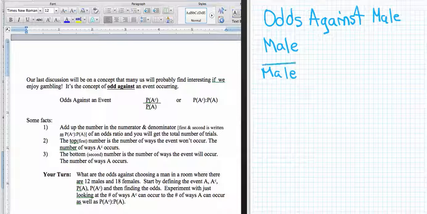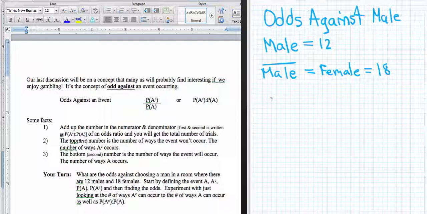And I really don't even have to find probabilities here if I don't want to, but the number of males in the room are 12, and the number of not males, that would be, of course, females, and maybe it's a good idea to write that down so that you see, yeah, that's what we're talking about. Those would be 18, aren't they?